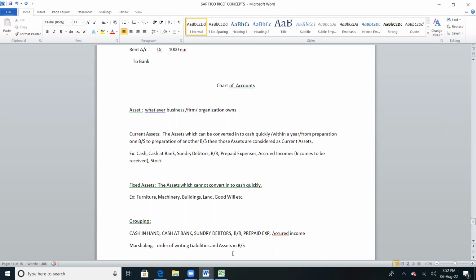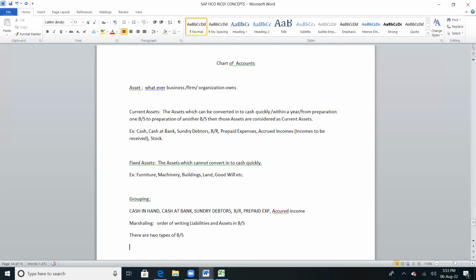So there are two types of balance sheets. First one, it's very important, the order of liquidity balance sheet. Sorry, Naveen, disconnected.